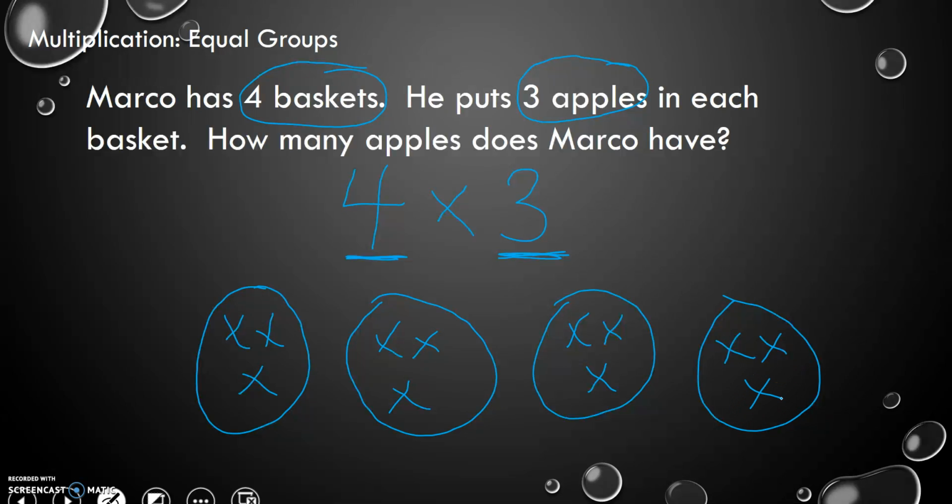And then I can count them. I can either count them one at a time, 1, 2, 3, 4, 5, 6, 7, 8, 9, 10, 11, 12, or I can count by 3s, 3, 6, 9, 12. But my answer, or my product, is 12 apples.